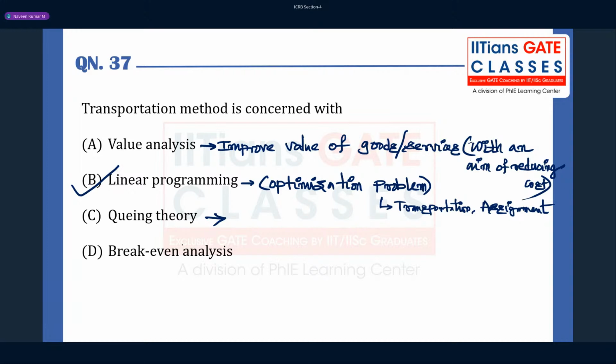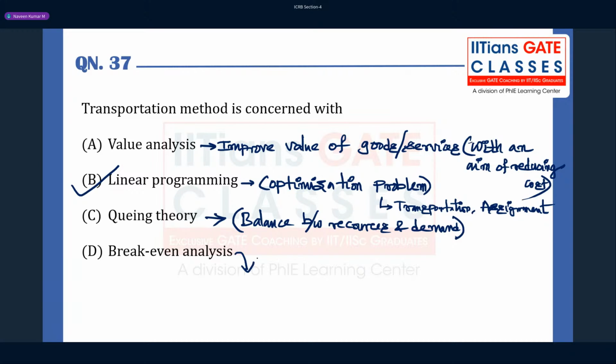So this involves waiting. It is like a balance between resources and demand.